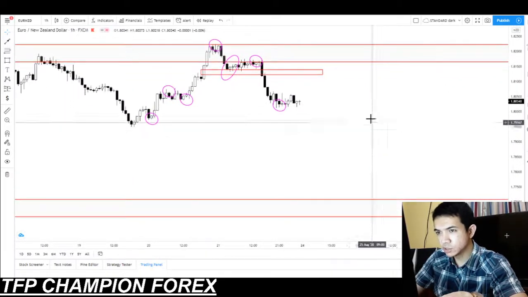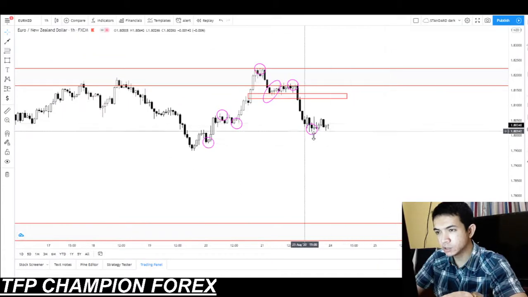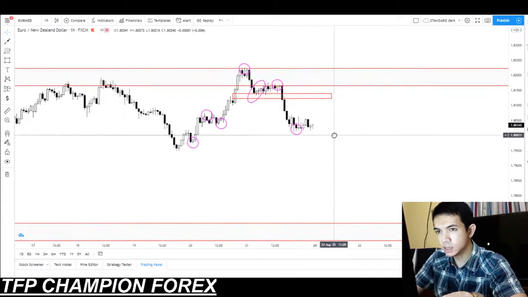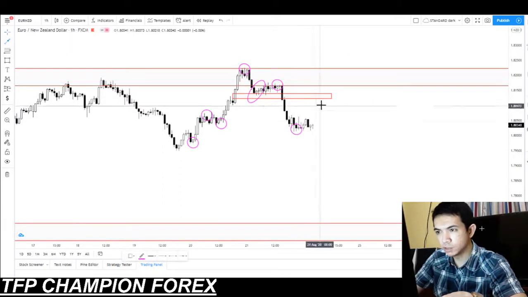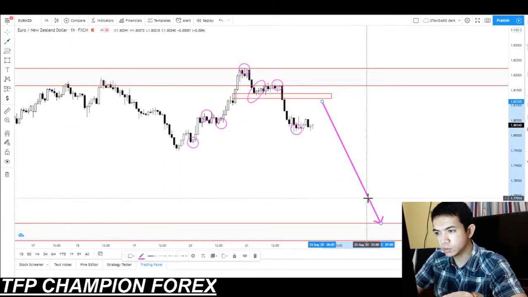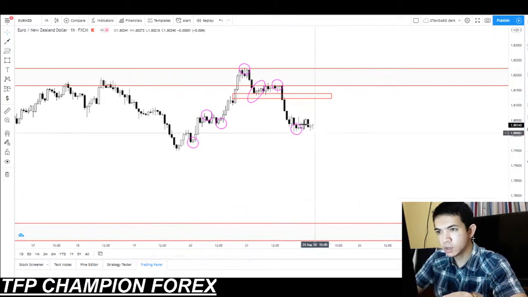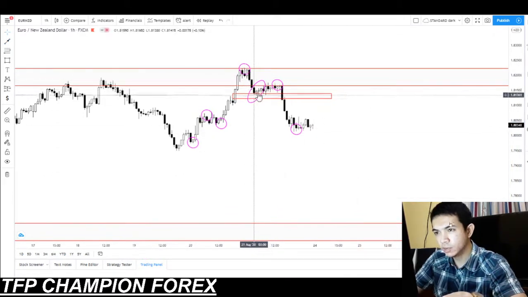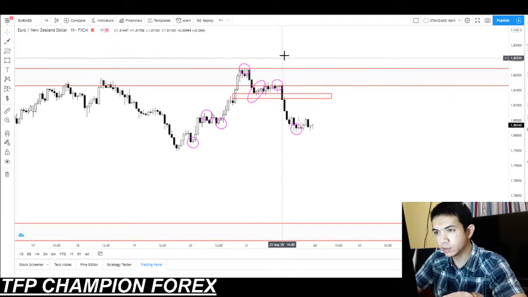So reading the market structure, we expect the price to move for a correction going up for our entry prior to the price moving down. So coming from a high, it formed a low, and then it fails to make another higher high.